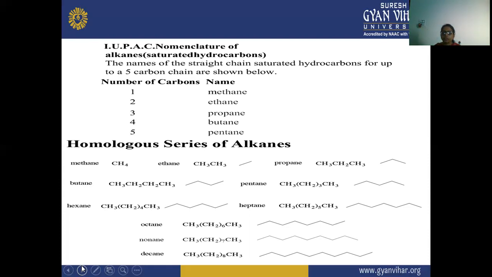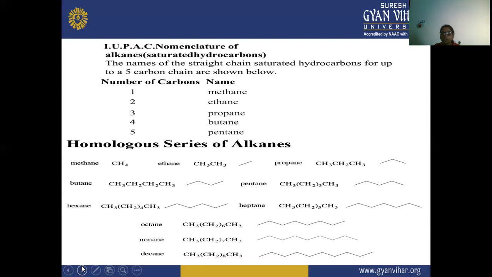Next, the names of the straight chain saturated hydrocarbons for up to 5 carbon chains are given below.